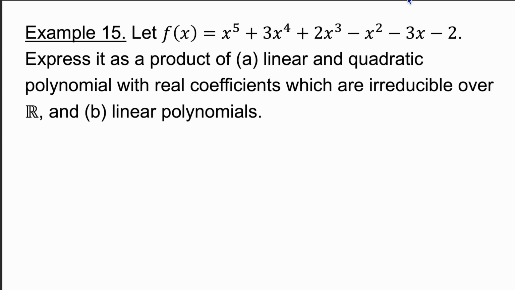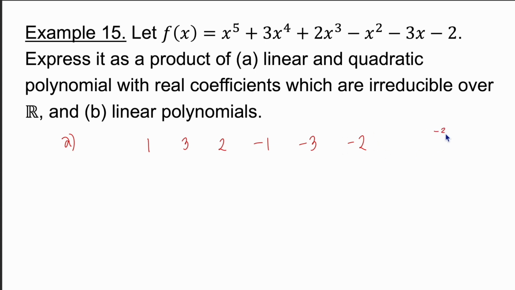Una, yung mga linear and quadratic na irreducible na. And pangalawa, puro linear silang lahat. Okay? So, to do that, gamitan natin ng synthetic division for A. Okay? So, we have 1, 3, 2, negative 1, negative 3, negative 2. So, ano yung mga possible na divisors? Titignan natin itong last term.